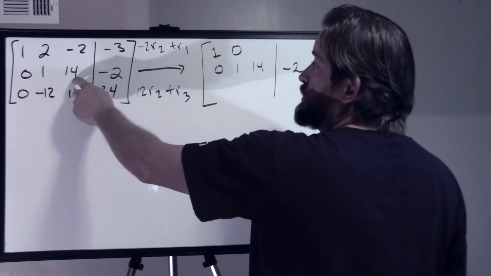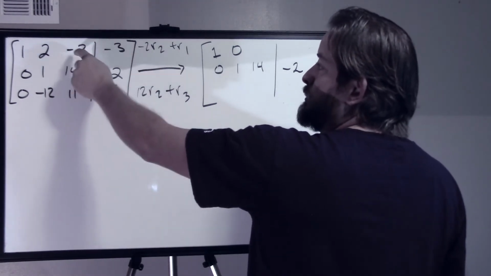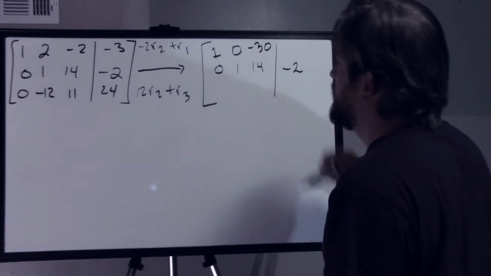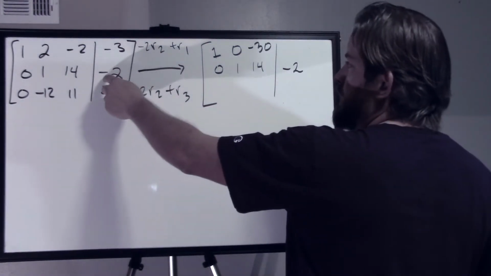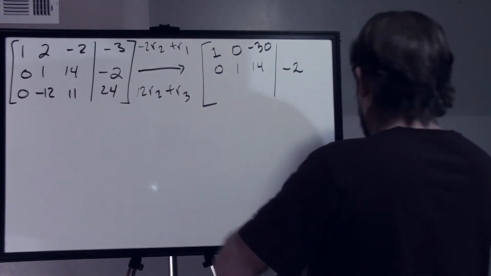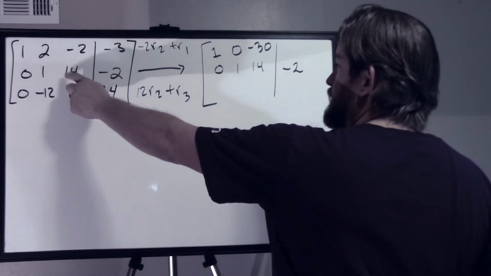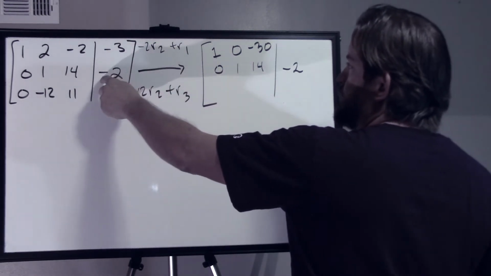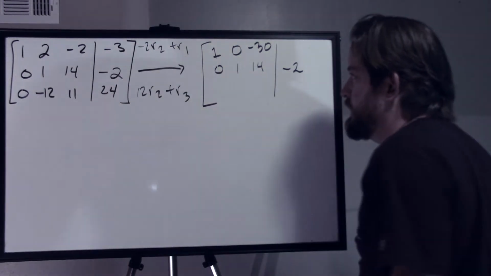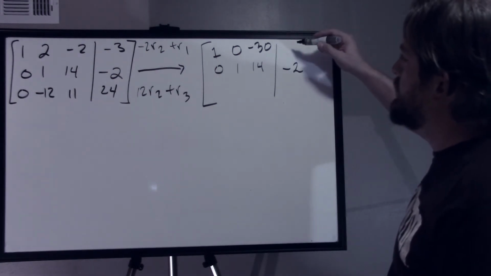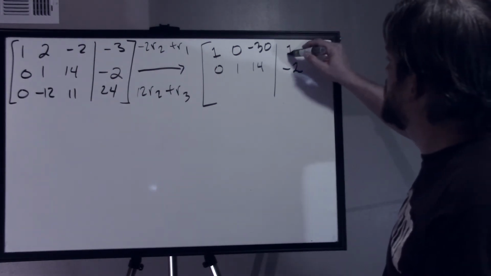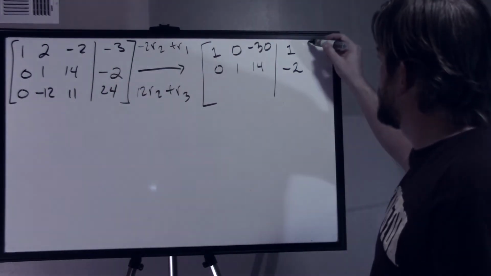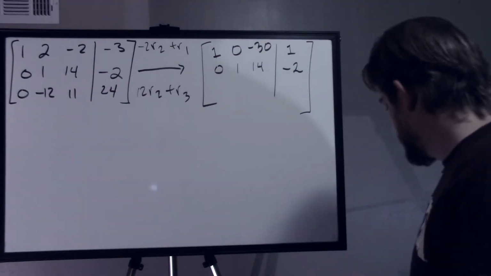Negative 2 times 14 is negative 28, minus 2 more is negative 30. And negative 2 times negative 2, I feel like this is wrong. I might have to double check this. But negative 2 times negative 2 is positive 4, minus 3 is 1. It's either wrong or z is 0. But I guess we'll find out.